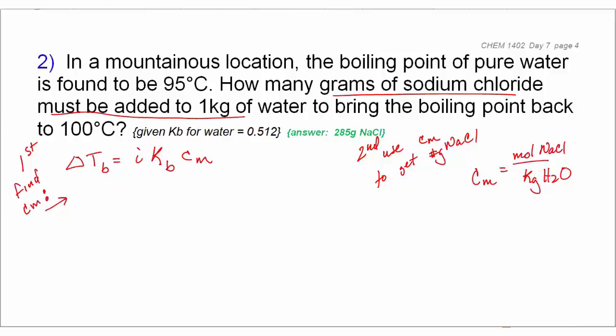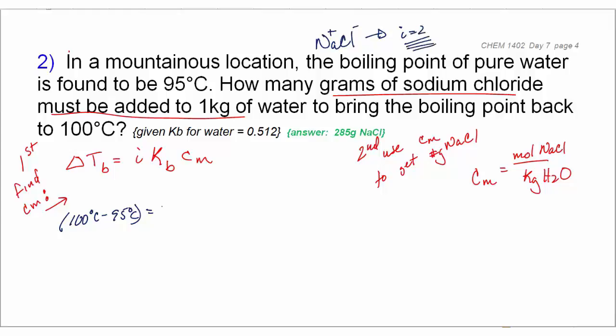So let's do the first part first. Let's find molality. This boiling point elevation is how much the boiling point changed by. Well, it changed from 100 degrees Celsius to 95, so it'll just be 5. My little i: I have sodium chloride, so that means my i has to be 2.